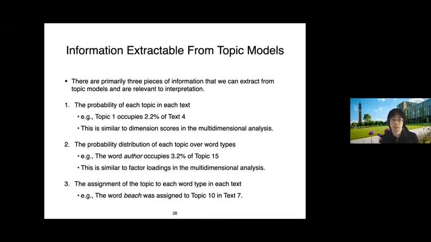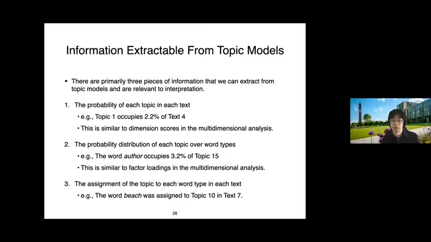Second of all, we can extract the probability distribution of each topic over word types. So we can say something like the word author occupies 3.2% of topic 15. And this is similar to factor loadings in multidimensional analysis. It basically shows which feature is associated with which dimension in multidimensional analysis, and in the case of topic models, it shows which word is associated with which topic more strongly.